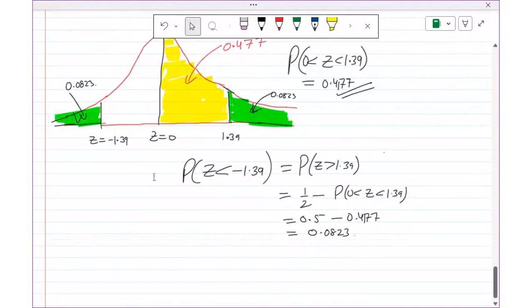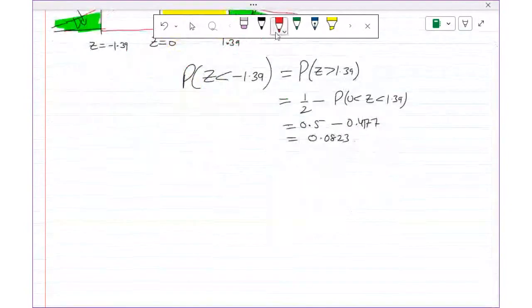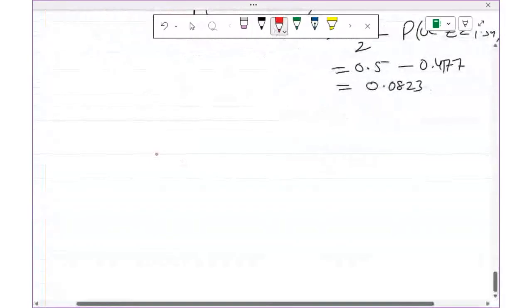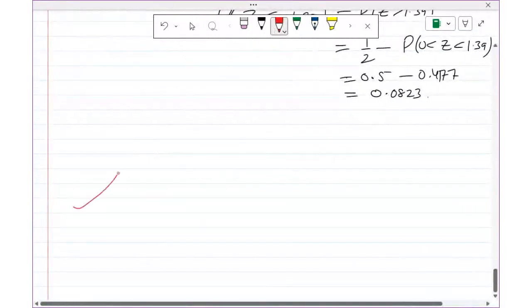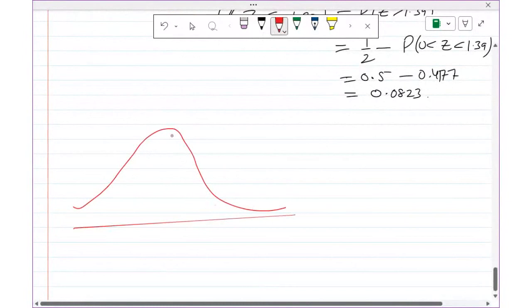Okay, let us draw now. So this is a normal distribution. I will now draw rough diagrams. In the exam, you can draw this kind of diagram. Center is 0.